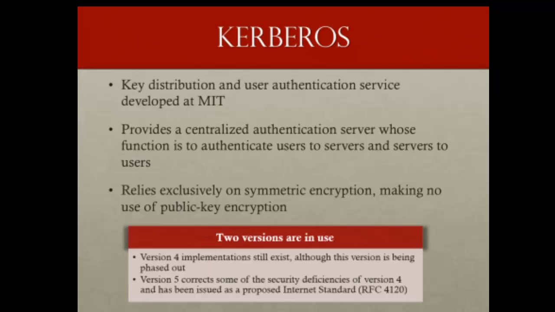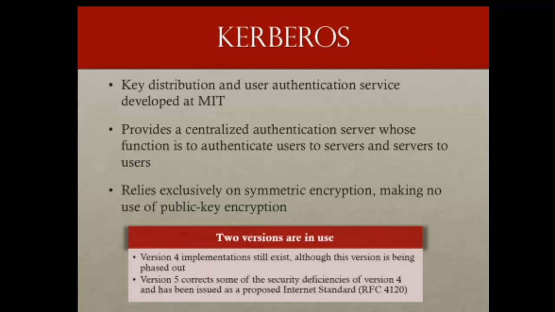So there are 2 versions of Kerberos which are in use, version 4, and those implementations still exist, but it's being phased out. Version 5 corrects some of the problems with version 4. And version 5 is actually an RFC as well, request for comment 4120.